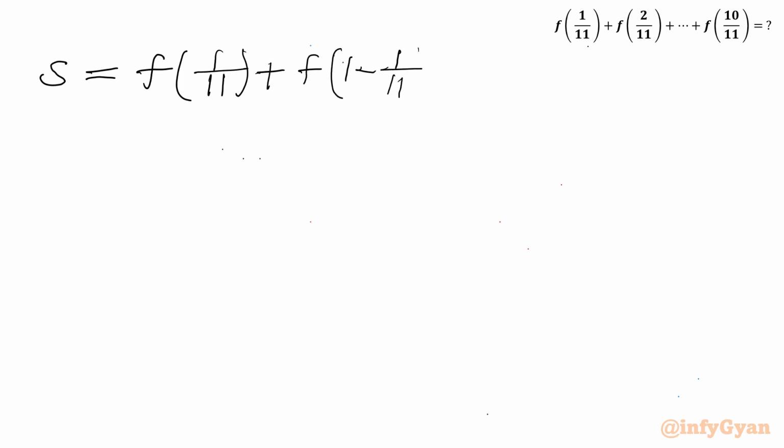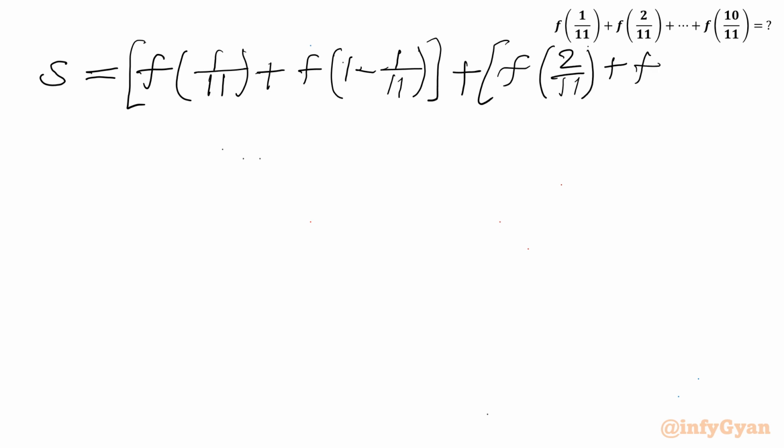So I can write S equal to f of 1 over 11 plus f of 1 minus 1 over 11, plus f of 2 over 11 plus f of 1 minus 2 over 11.